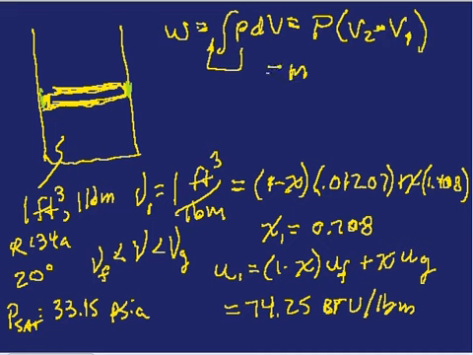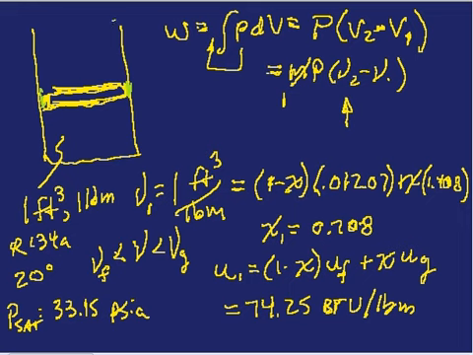And we were told that m is equal to 1 pound mass. So our work then becomes, we have to find v2 in order to find the work. However, we know, since it's a constant pressure process, as this piston rises, let's indicate this piston having risen up here a little bit.